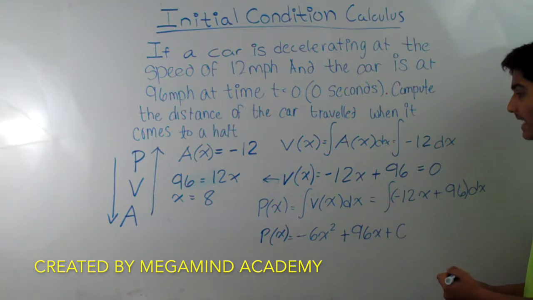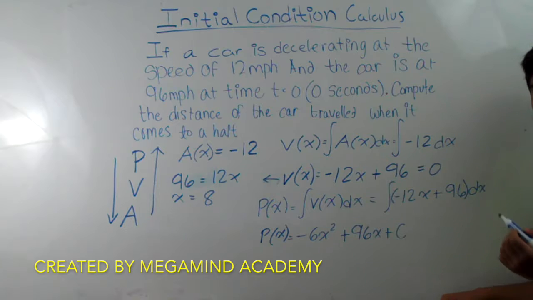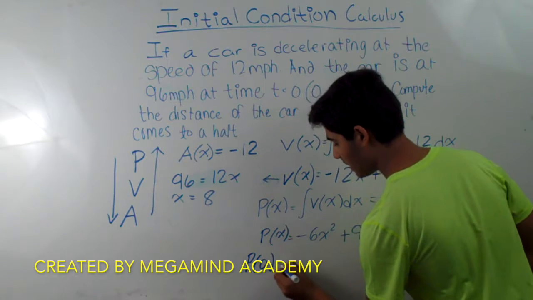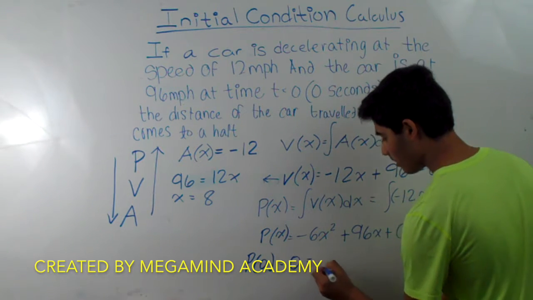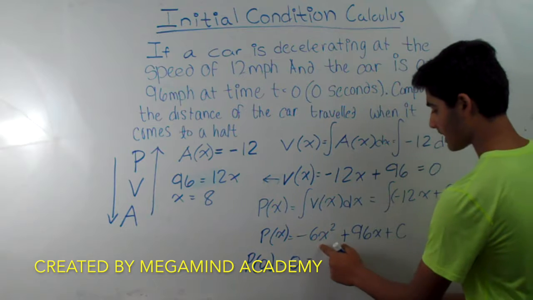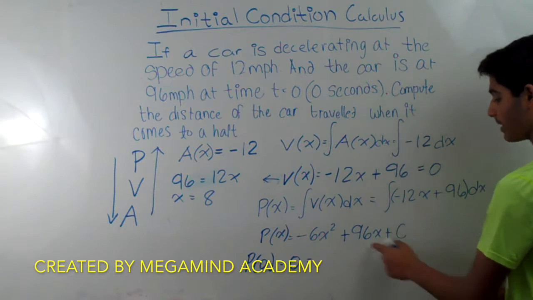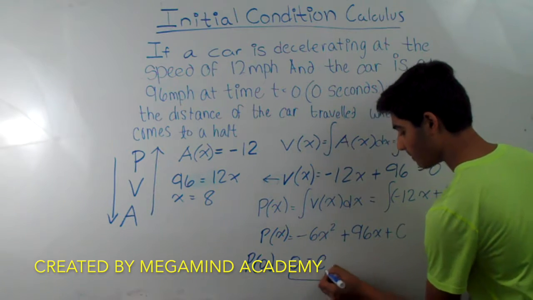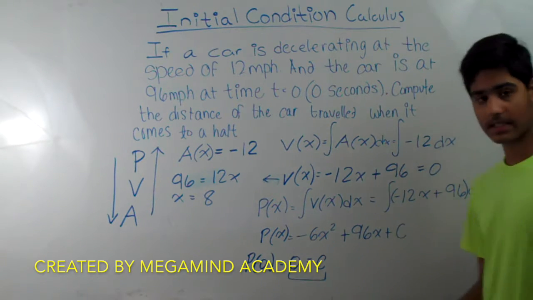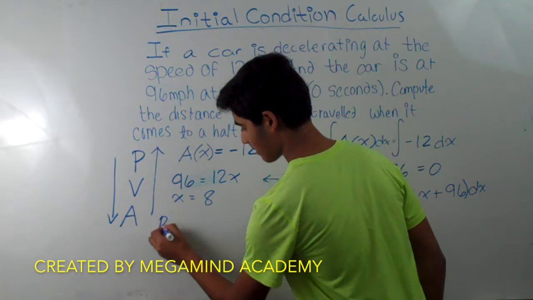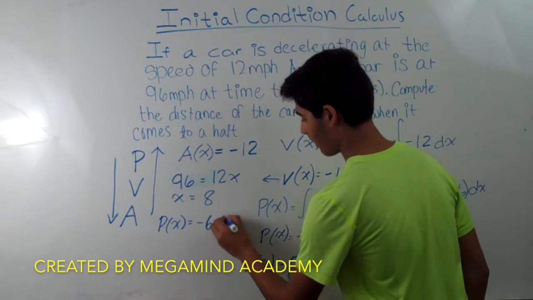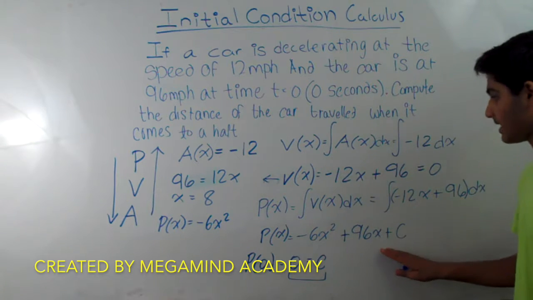So the point that we're given is (0, 0). So p of 0 should be equal to 0: negative 6 times 0 squared is 0, plus 0, plus c. So c is equal to 0. This means that p of x is equal to negative 6x squared plus 96x.